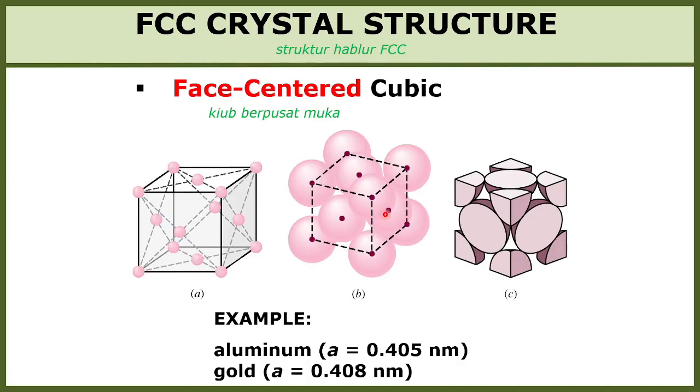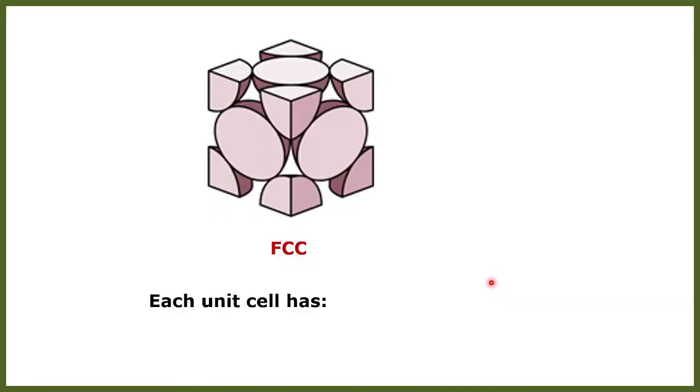Next we go to FCC, face centered cubic. An example of a material with FCC is aluminium and also gold. The arrangement is an atom at each face and another atom at each corner.